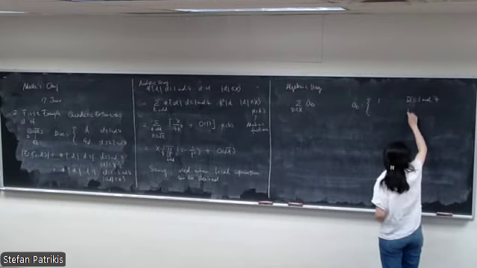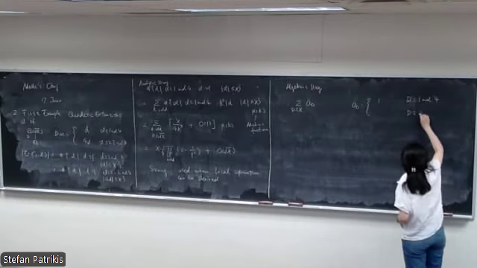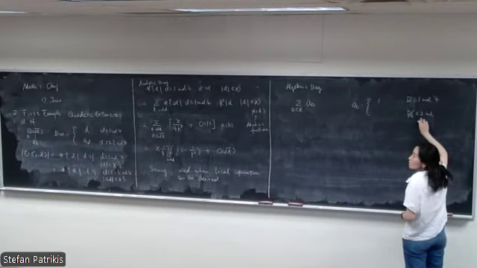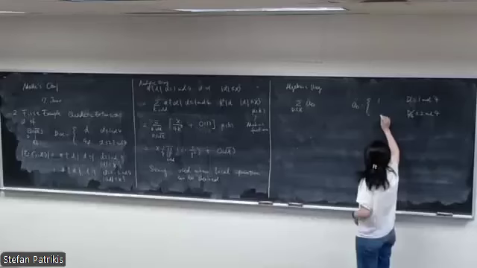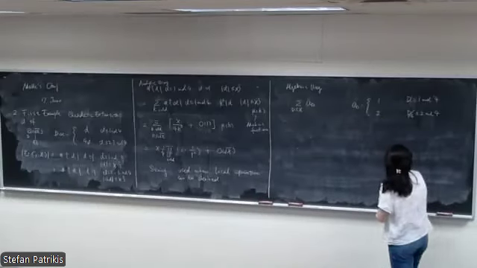And if D over 4 is congruent to 2 mod 4, then this is a 2.